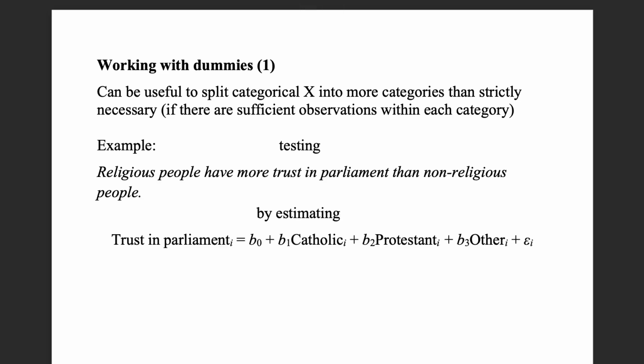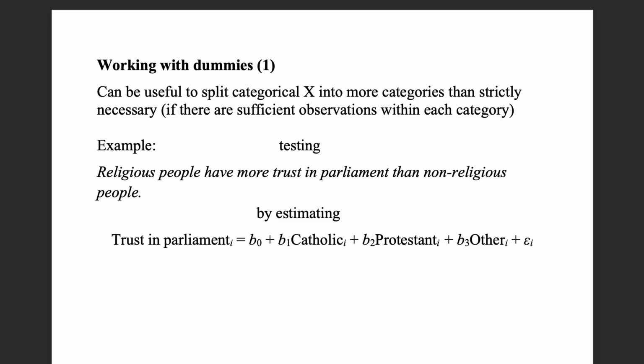So to provide an example, we might want to test the hypothesis that religious people have more trust in parliament than non-religious people. And let's suppose we want to do that with data from the Netherlands, and our questionnaire survey didn't just record whether people were belonging to a religious denomination or not, but it actually recorded which religious denomination people belong to, as the European Social Survey does, in fact.